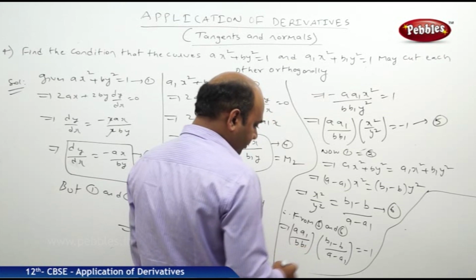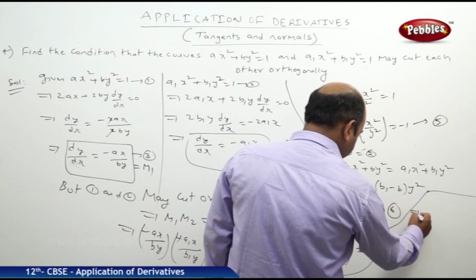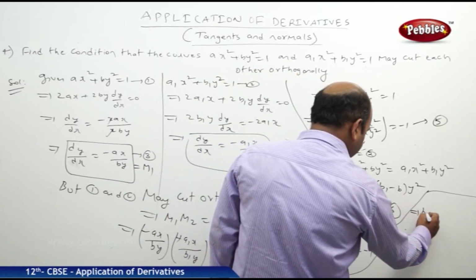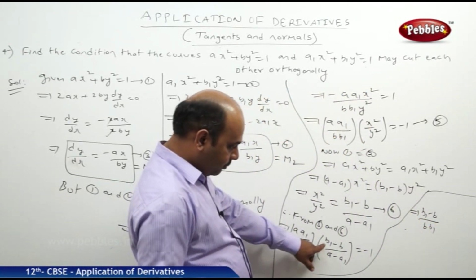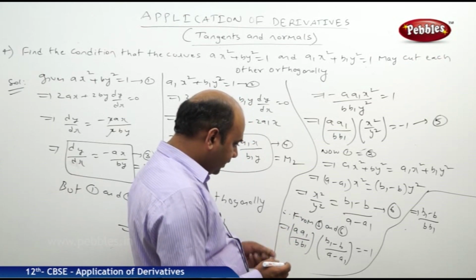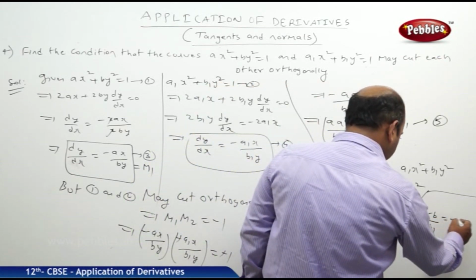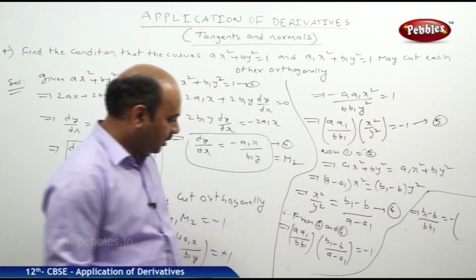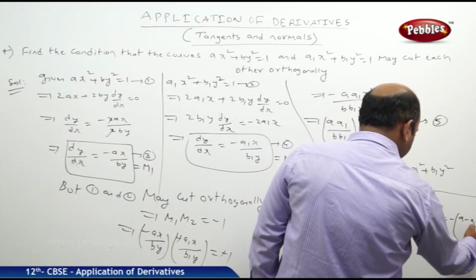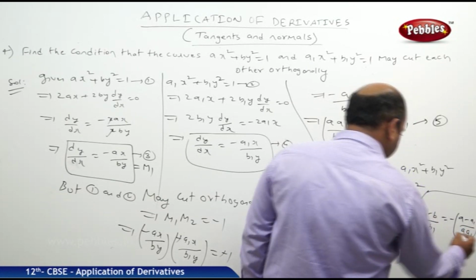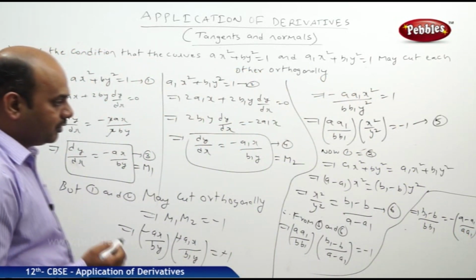So what happens? b1 minus b divided by b1, all b's to one side, is equal to minus of a minus a1 by a1. See, very beautiful.